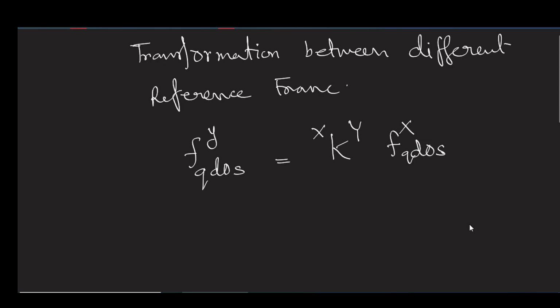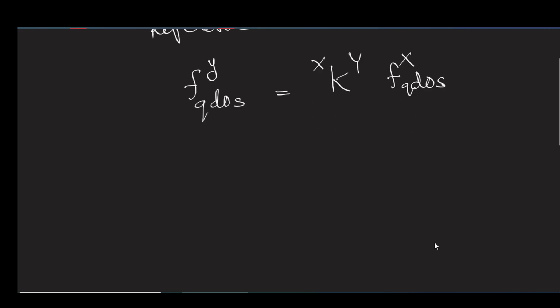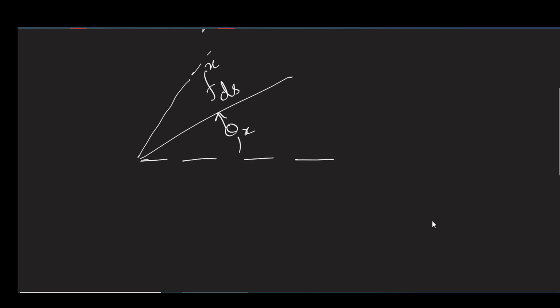So generally what you think about, let me draw the diagram that will make the concept more clear to you. It is like you are having one axis that is at an angle theta x, it is f ds x, and the other one is f ds y, and accordingly you are having corresponding q axis.